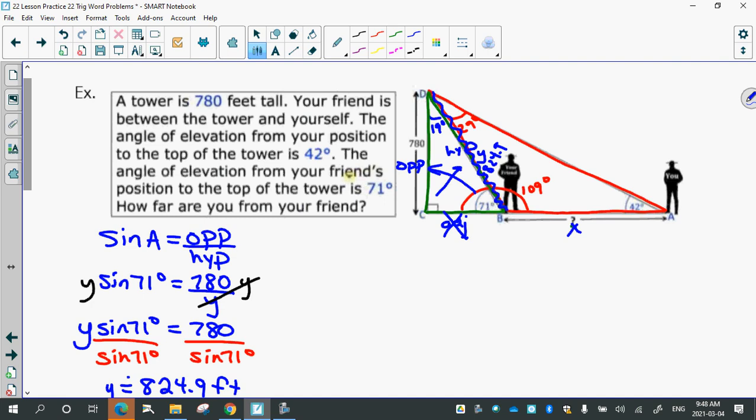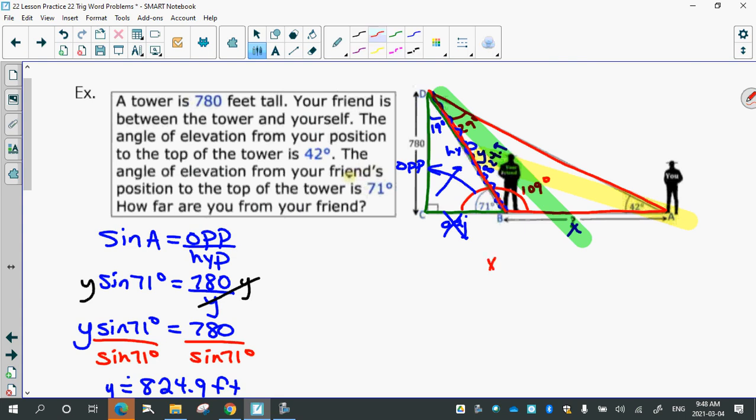So when I'm talking about the red triangle, I now have a side angle pair. I know this side and that angle. I want to find x, and I know its opposite angle. So it's set up now for me to use the sine law to find the distance between the people. Okay?